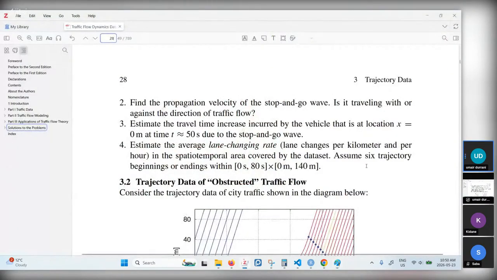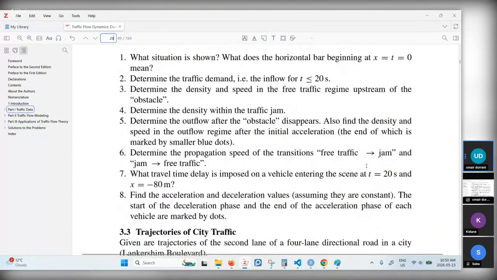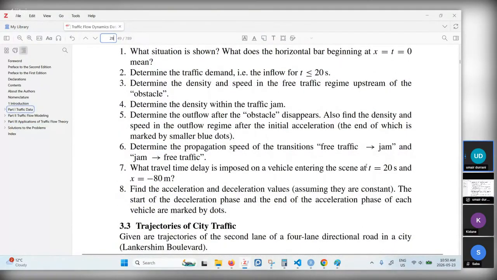But based on the point that you raised, I was also thinking about scaling up this kind of analysis. So right now, the questions that we are solving are smaller scale questions. We are only looking at one part of the trajectories, but there are obviously multiple lanes, and we also may be looking at a very long stretch of the road and for hours at a time.